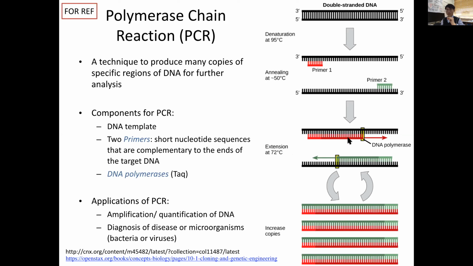The important thing to recognize here is that this DNA polymerization happens at 72 degrees, which is way higher than our physiological temperature. What it means is most of our enzymes are supposed to work best at our physiological temperature, such as 37.5 degrees, but this has been the key to find.